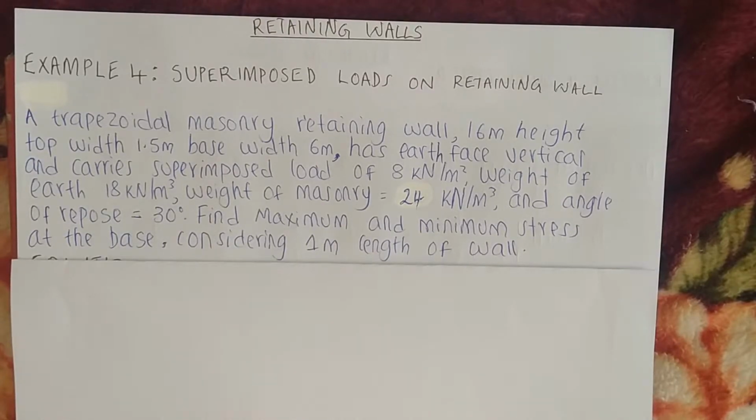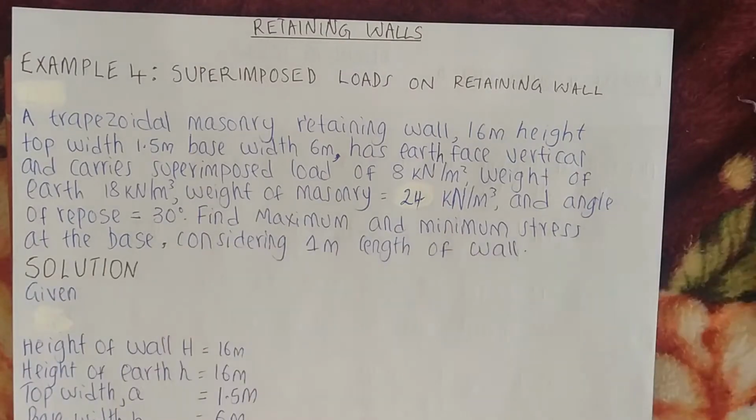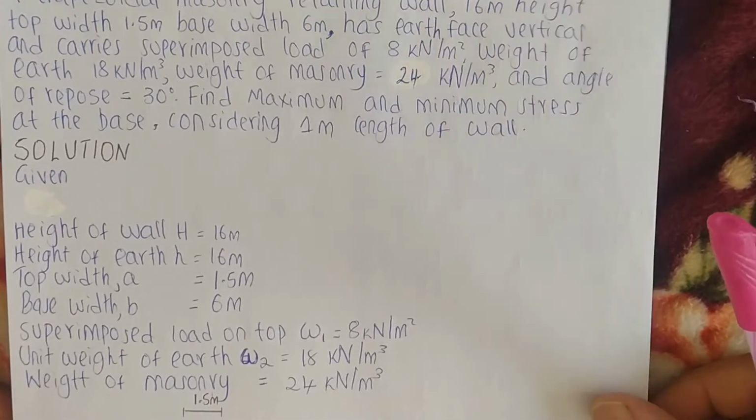The weight of the earth is 18 kilonewtons per meter cubed. The weight of masonry is 24 kilonewtons per meter cubed, and the angle of repose is equal to 30 degrees. Find the maximum and the minimum stress at the base considering 1 meter length of wall. So let us look at the solution.